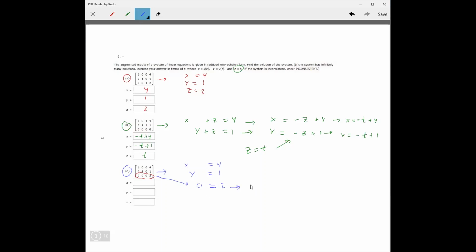That means that there's no solution, or inconsistent. It doesn't really matter what those other values are. You have to satisfy all of the equations. So even though we got a value x equals 4, we don't just put a 4 there. That's not going to work. So you just put inconsistent there, and that's how you spell it right there.